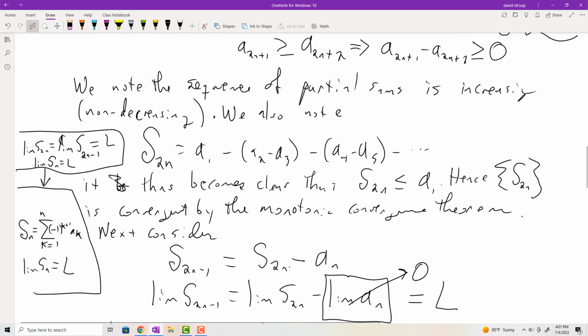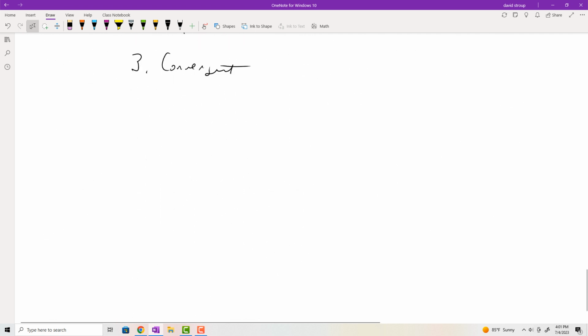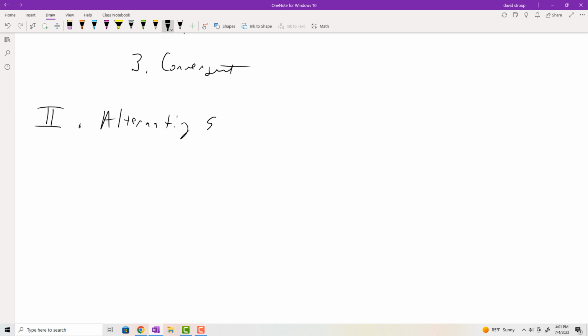So our first taste of doing this estimation of convergent series is the alternating series estimation theorem. Okay, so section 2, alternating series. I forget what they call it. Let me look at my notes. Series remainder theorem.